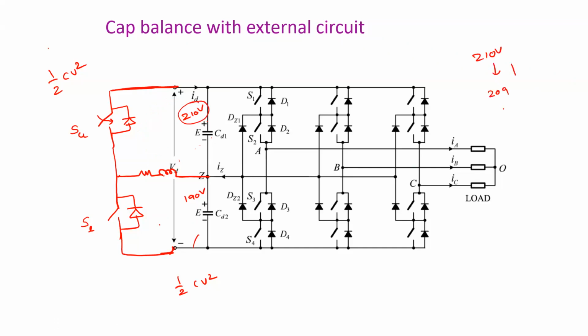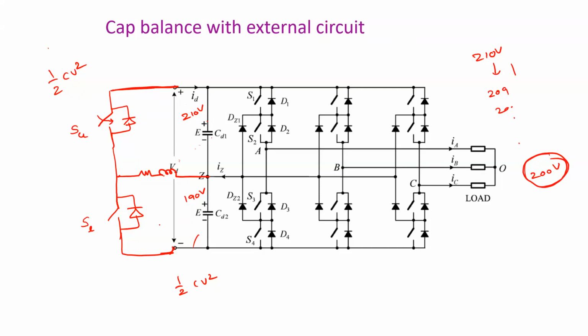Now it is reduced to 209, 208, 206, 205 and 200. As and when it reaches 200, this is the required voltage.